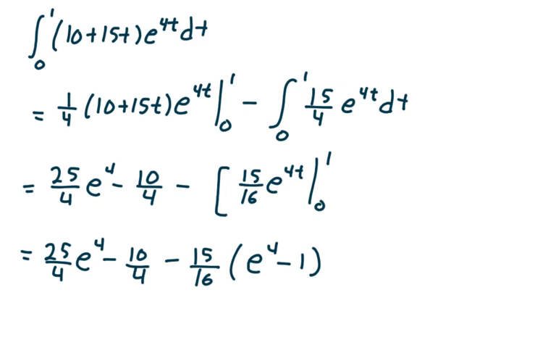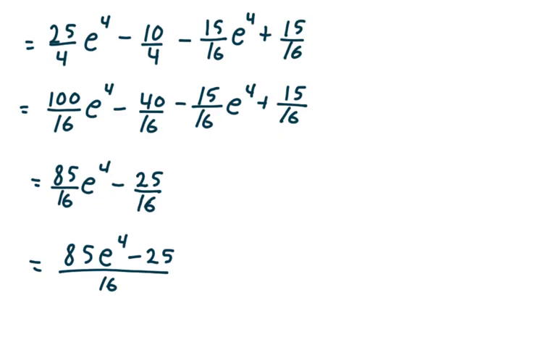So this is 25 over 4 e to the 4th minus 10 over 4 minus, and then when I integrate 15 over 4 e to the 4t, I get minus the quantity 15/16 e to the 4t, evaluated from 0 to 1. Applying the fundamental theorem again, this is 25 over 4 e to the 4th minus 10 over 4 minus 15/16 times the quantity e to the 4th minus 1. So I just pulled the 15/16 out in front.